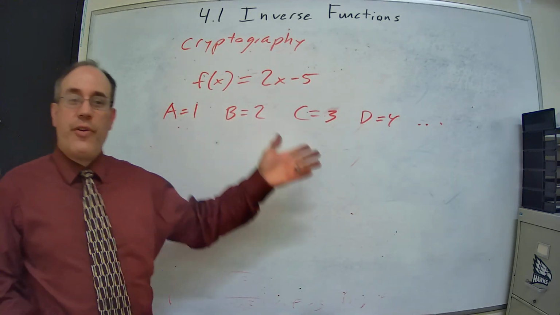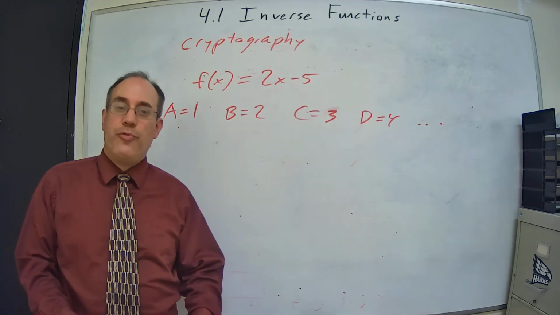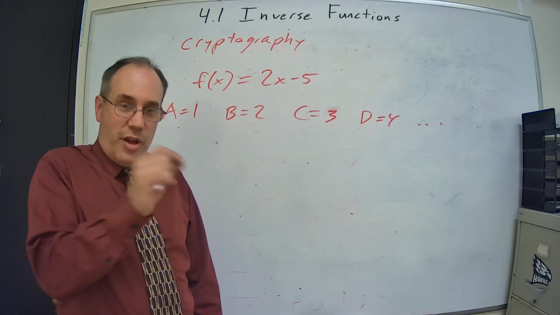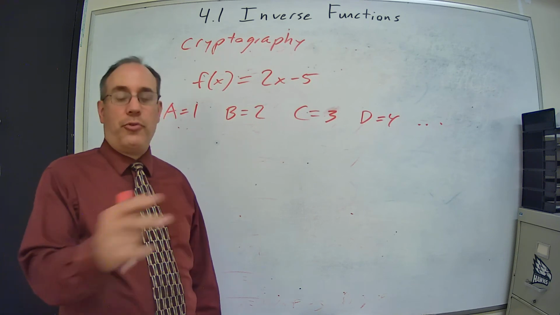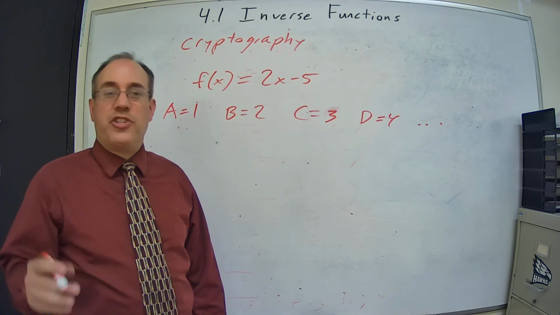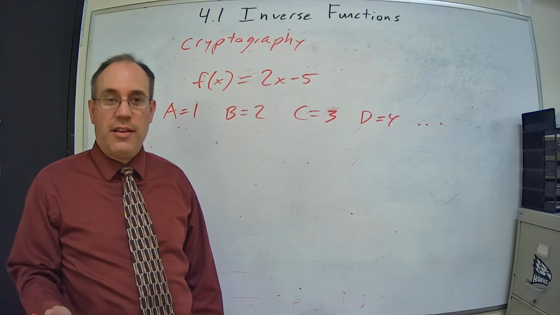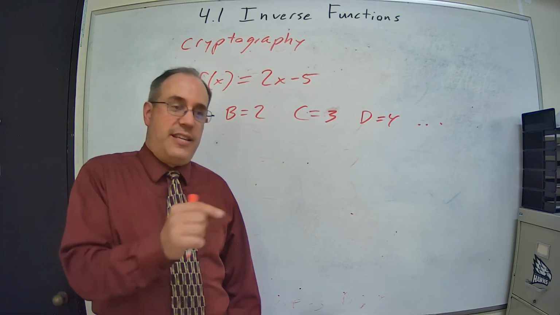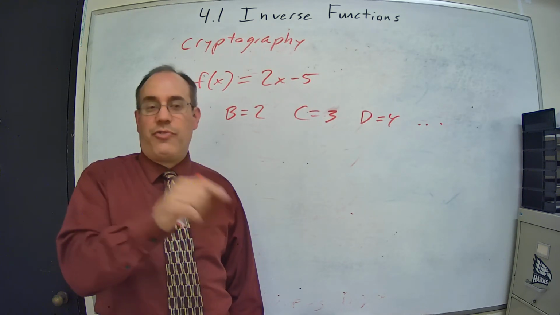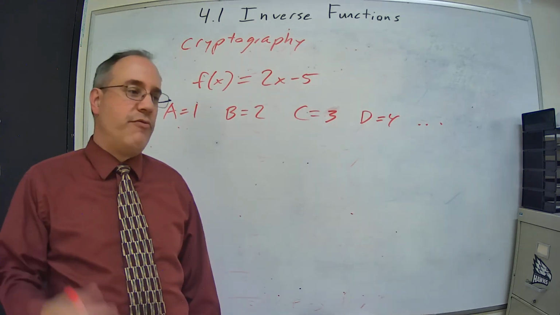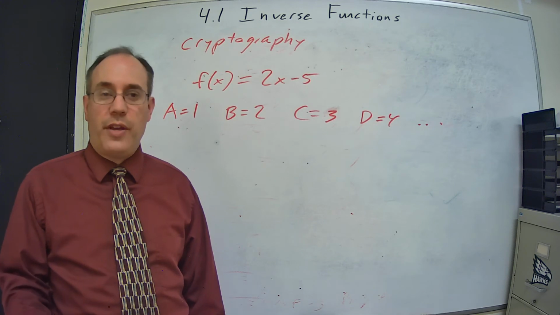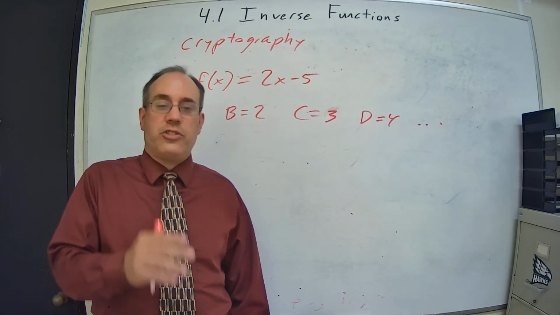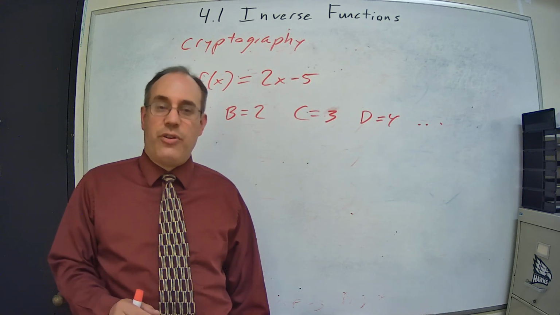And that's not a very difficult decryption to do. You probably did that as a kid. You numbered the letters, and then you were able to write a message in code, and then somebody else was able to look at that and take the numbers and convert them back to the letters. But that's a very simple form of cryptography. Then what you did was you said, okay, rather than doing that, we're going to start at a certain value.